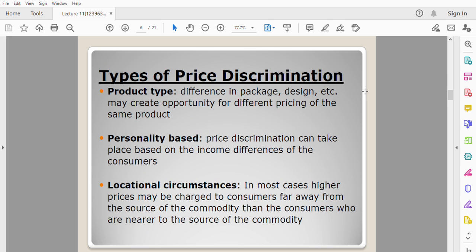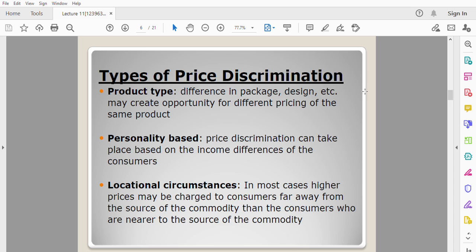Okay, so we want to look at the types of price discrimination. The first is based on product type. So we can say price discrimination based on product type. This is when there is a difference in packaging, design, etc. And that creates an opportunity for different pricing of the same product.